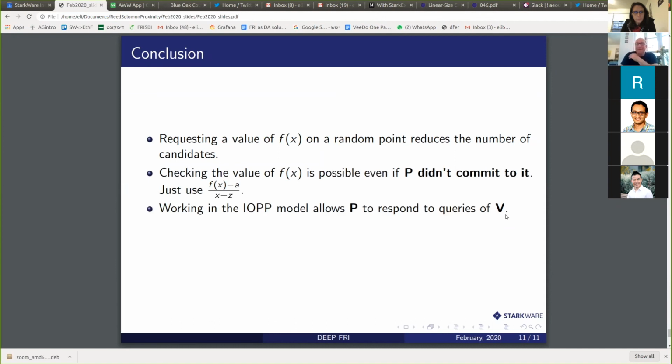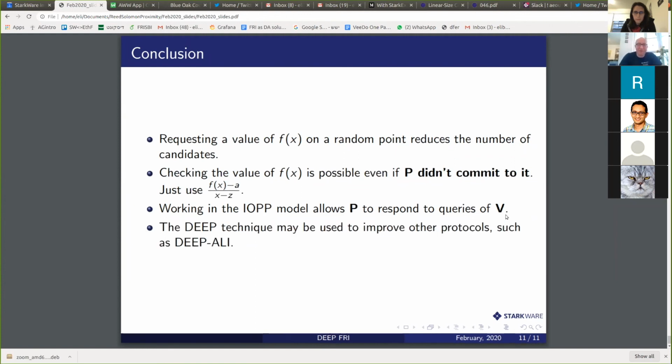The reason we get to do this, which you can't do easily in the PCP model or in other standard models, is because the IOP of proximity model allows you to have this interaction and have P adaptively respond to the queries of V, such as this query of, what is the value of F at some weird point that's outside the evaluation domain. And you can also use it in other protocols in the STARK world and other places, and it's a very useful and simple technique.